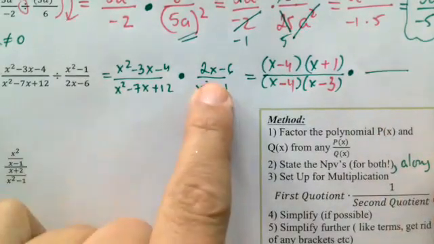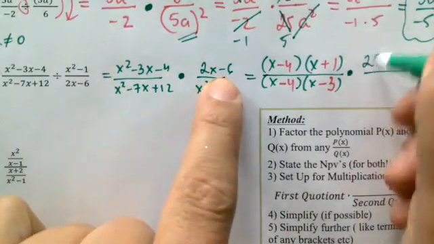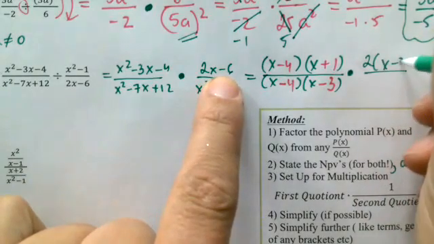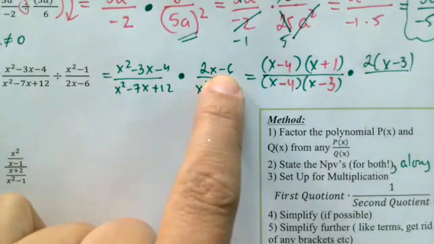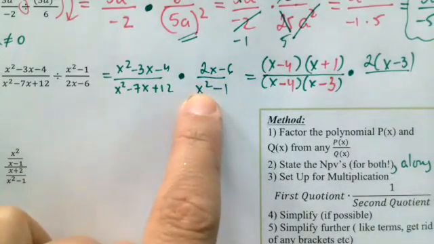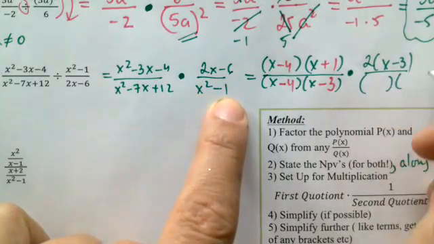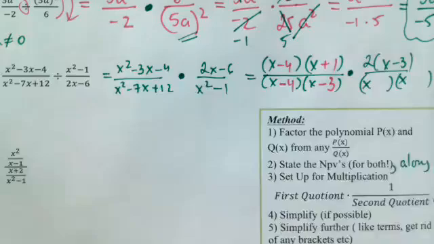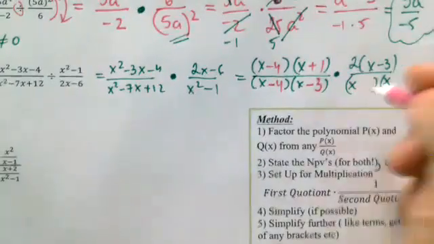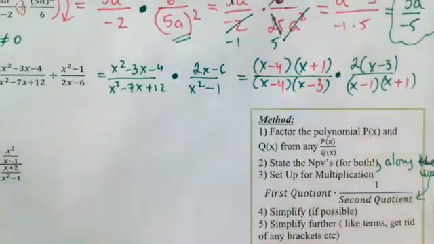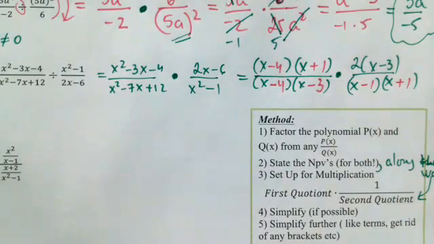Then a 2 from 2x minus 6, and we get x minus 3 in the bracket. And x squared minus 1 is a difference of squares again, because 1 can be written as 1 squared. So remember that formula: x in each, and then -1 and +1 for the difference of squares.